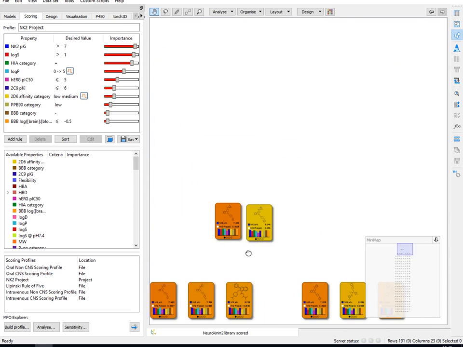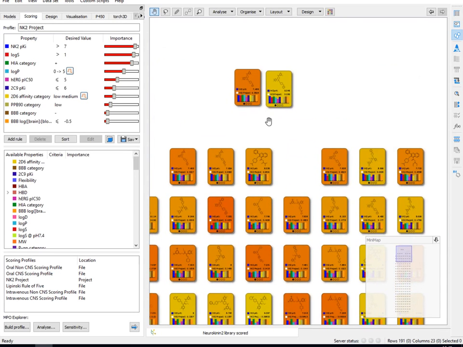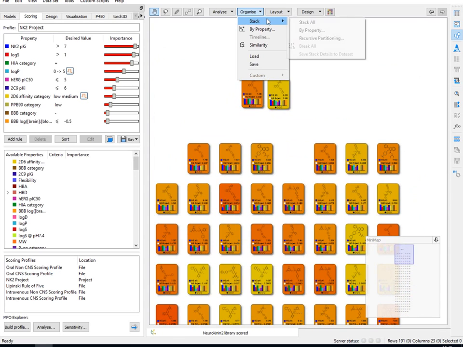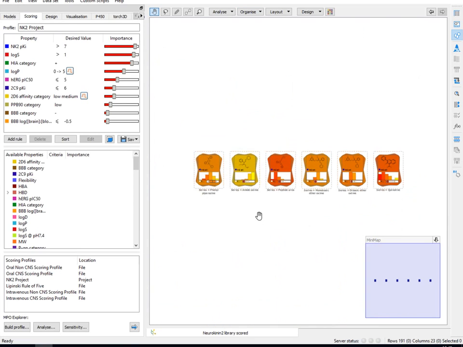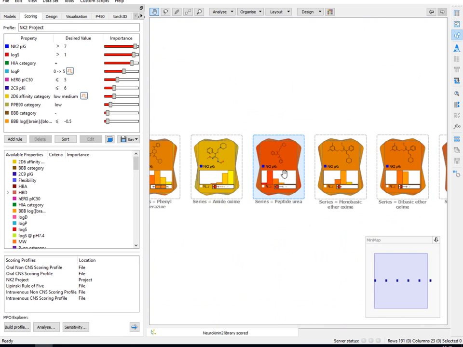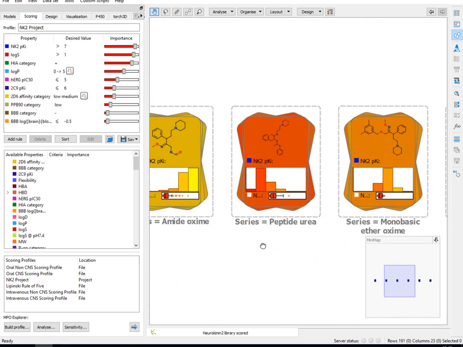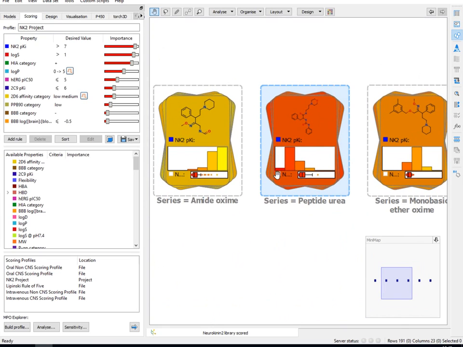So you could look at individual compounds, but what I'm just going to do now is to stack these cards by the series to which they belong, and that creates these little stacks. So you see there are actually 6 series in this data set, each one represented by a stack, and on that stack what you're seeing is the distribution of the potency shown here as a histogram, and also the distribution of the score shown here as a box plot.